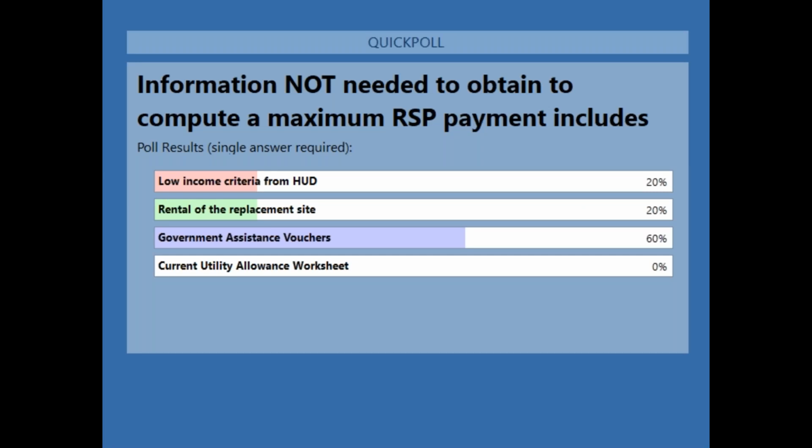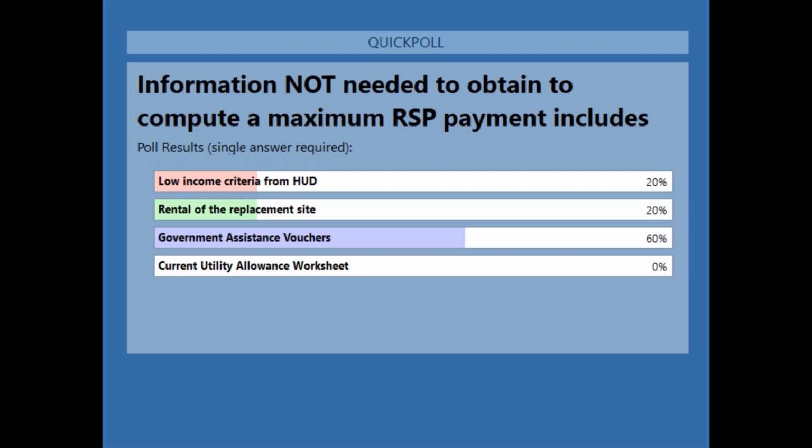Okay, you do need the low income criteria, because you need to determine if they are eligible for 30%. You do not need the information on the rental replacement site, because that's for later. Remember, they haven't chosen a replacement site yet.